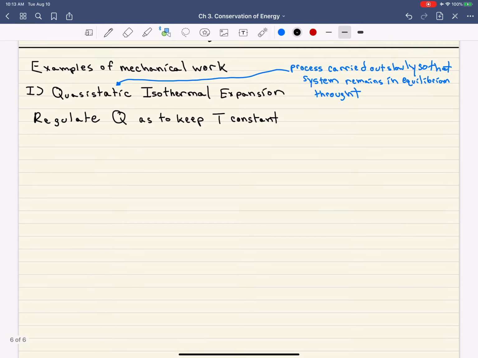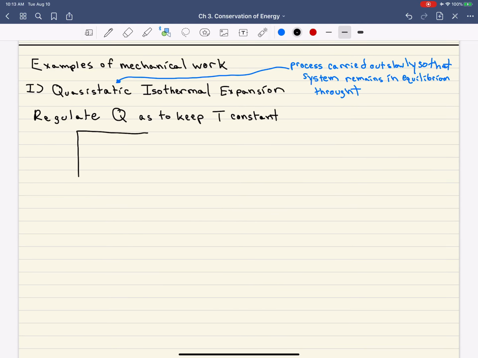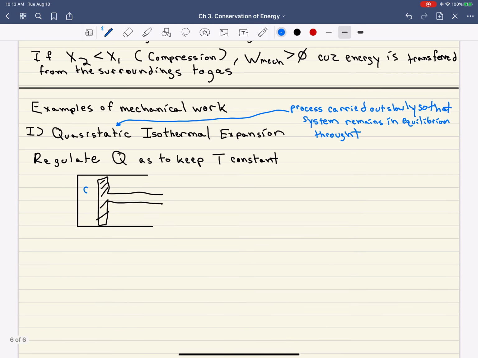All right, and so if we draw out our piston again, and we have our gas, as the gas is expanding in this direction, we're also going to be adding heat to the system as well.